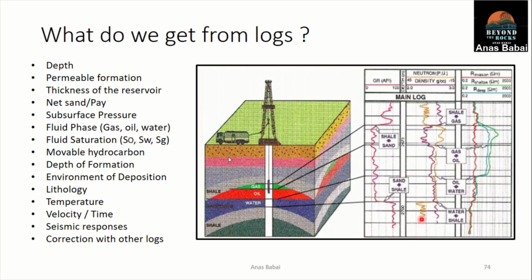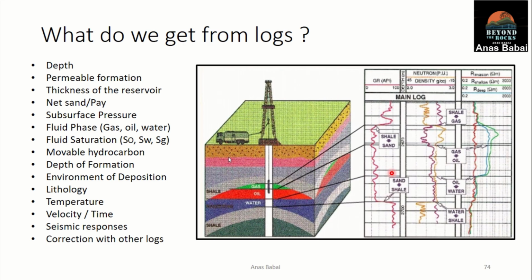Now, what can we get from the logs? So this is the log. As we said earlier, we have the different tracks. We have 4 tracks in the triple combo. The first track has SP, gamma ray, caliper, and the bit size.